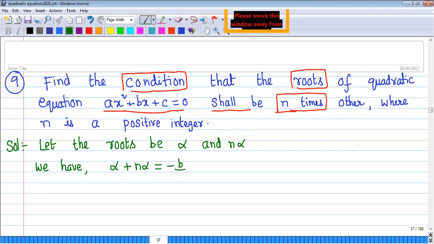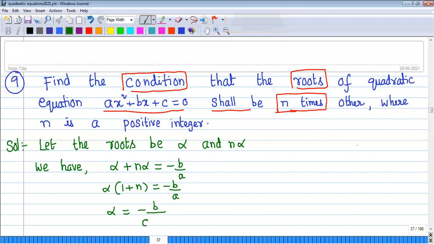Take alpha common: alpha into 1 plus n equals minus b upon a. Find alpha value: alpha is equal to minus b upon a times (n plus 1). Say this is equation 1.